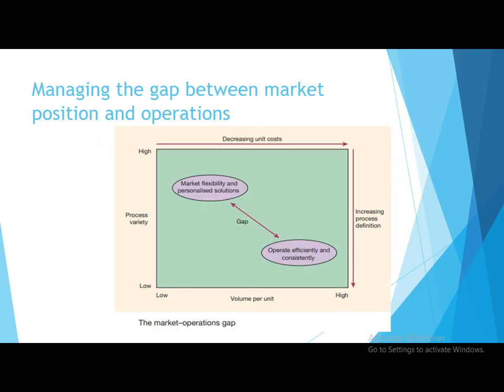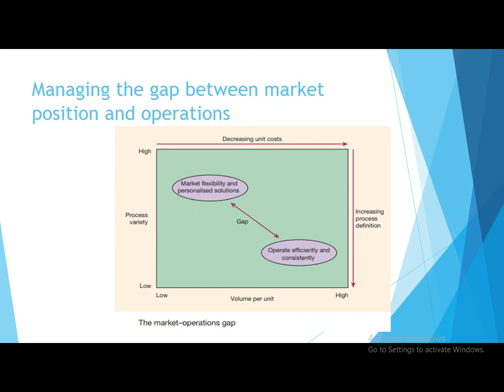Next part is managing the gap between market position and operations. In the previous section, we discussed that there may often be a divergence between the market position and the operational approach. In selling the benefits of a particular service, it is common to find companies emphasizing customer flexibility, so providing a personal service while continuing to operate on a mass production basis.